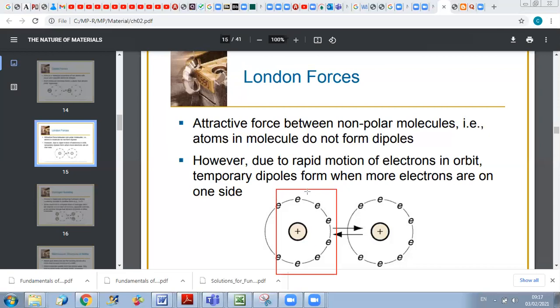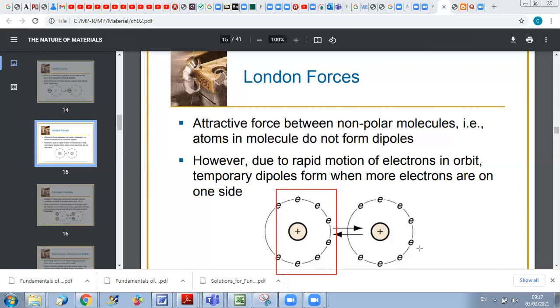If I look at another instant, I will have a new distribution of electrons, so this attraction will not be permanent. This is why they are called temporary dipoles, where I can have electrons on one side that will attract the positive side of the other atom.